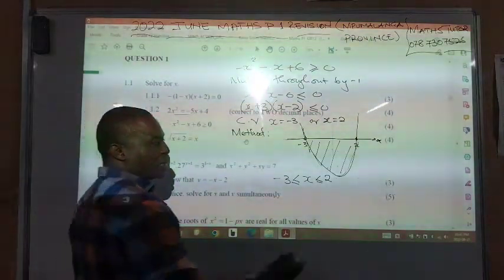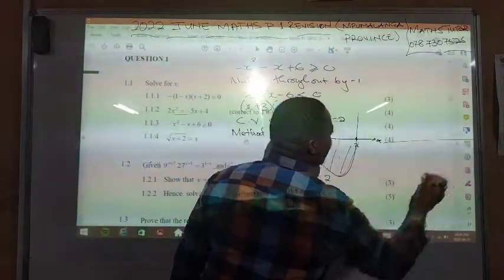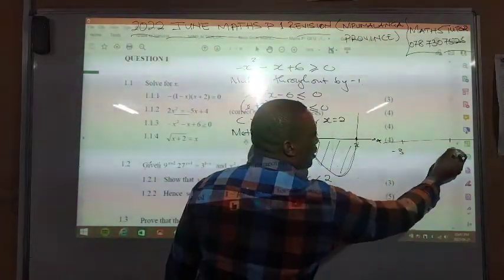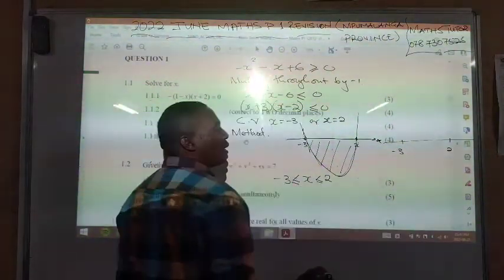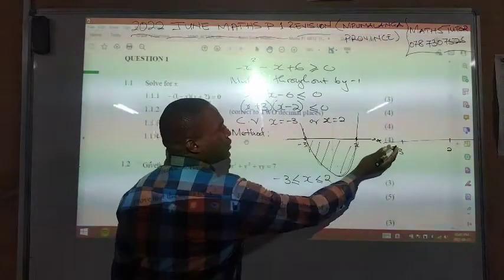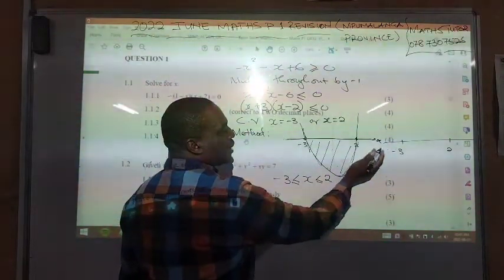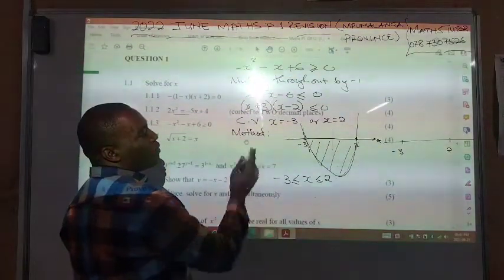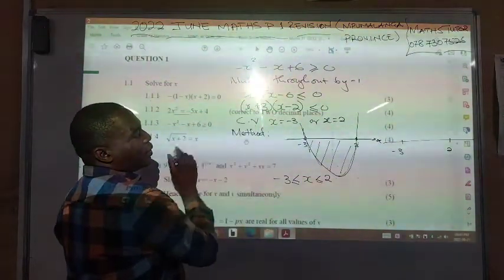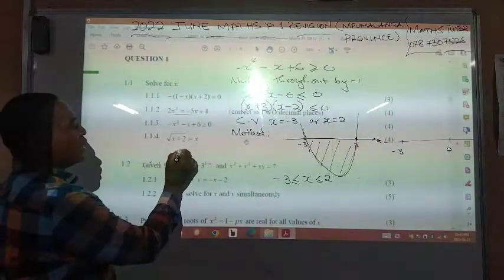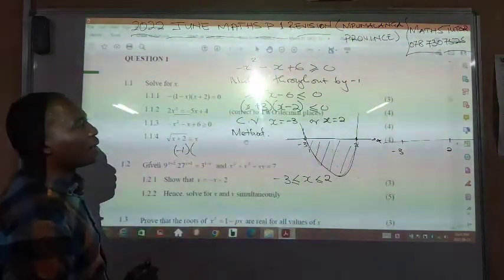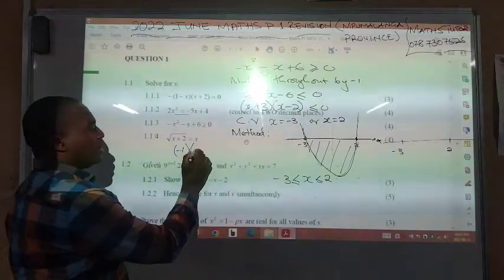If you decide to use, or you are comfortable with the number line, you have your number line -3 and then 2 there. So if you take a value that is less than -3, let's say you take -4, you put -4, you get -1, you put -4, you get -6.